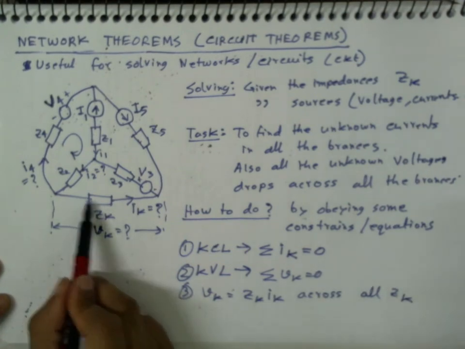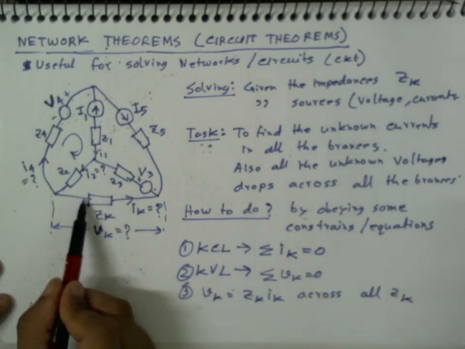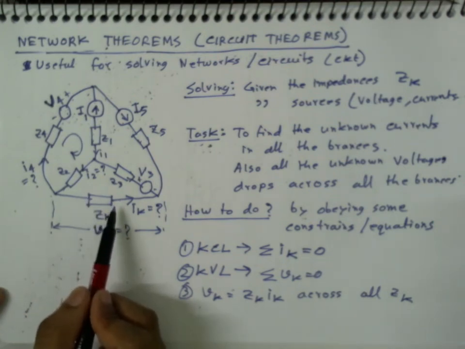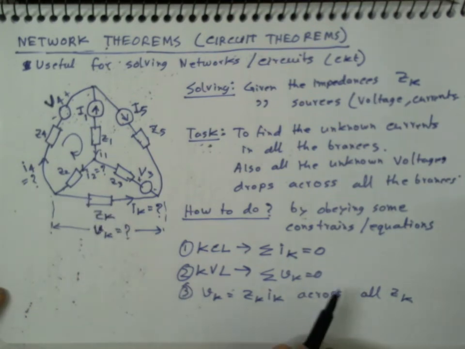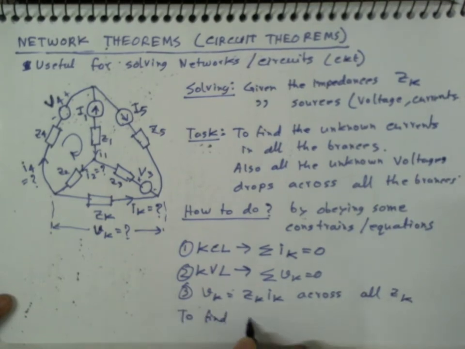So if this is Zk and the current flowing through it is Ik, then the potential across it should be Vk. This is also a constraint that we have to obey to find all Vk and Ik.